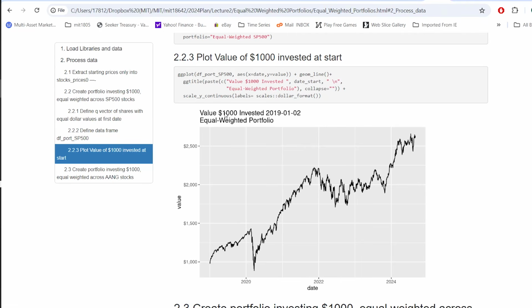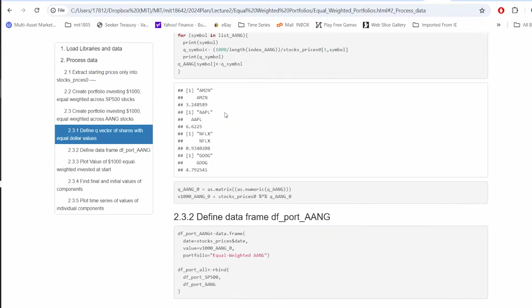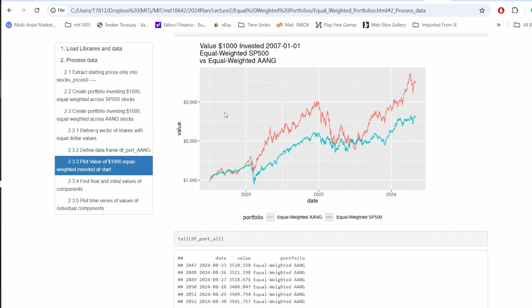As an alternative to equally weighting across the S&P 500 stocks, I looked at Amazon, Apple, Netflix and Google. These were the really hot stocks about 4 or 5 years ago. And basically look at equal weighting of all these. Here's how the investment equally weighted at the beginning of the period resulted towards the end.